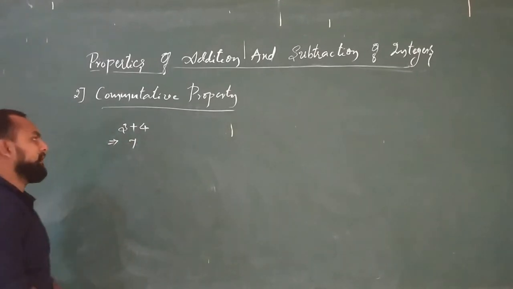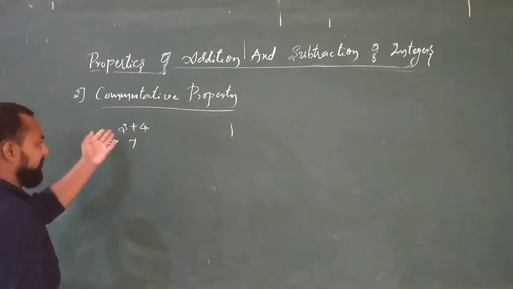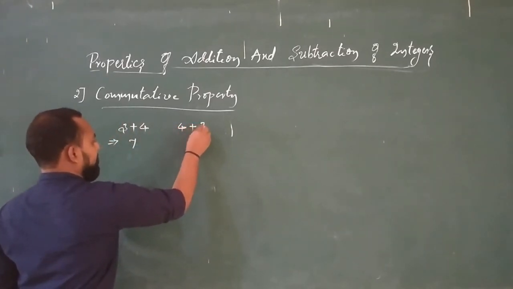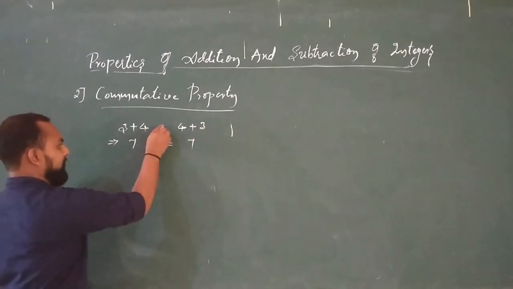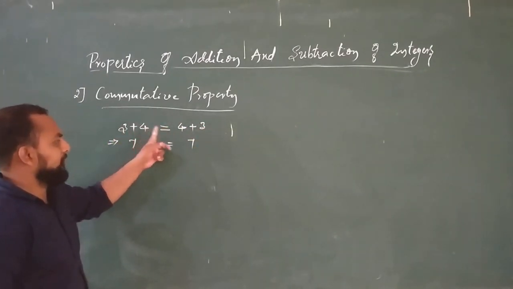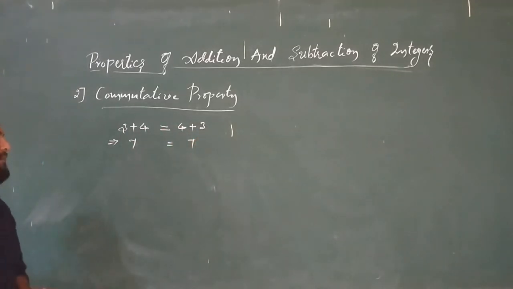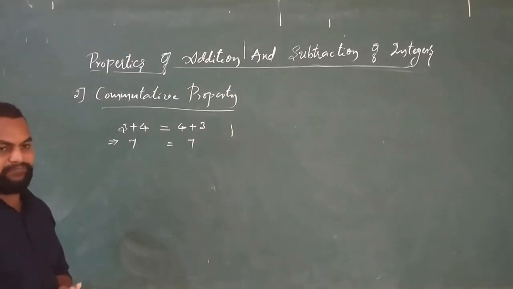Okay, then addition in any order, 3 plus 4 or 4 plus 3. Here 4 plus 3 is 7. These two are equal, so 3 plus 4 is equal to 4 plus 3. The sum of any whole numbers in any order, the result will be the same.